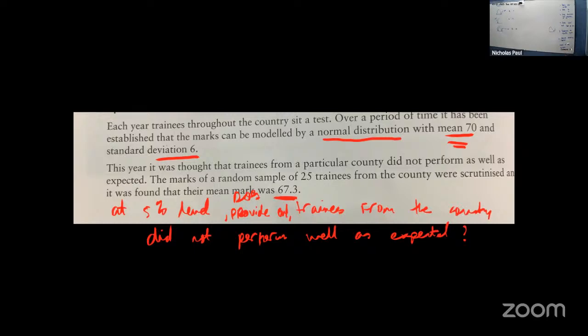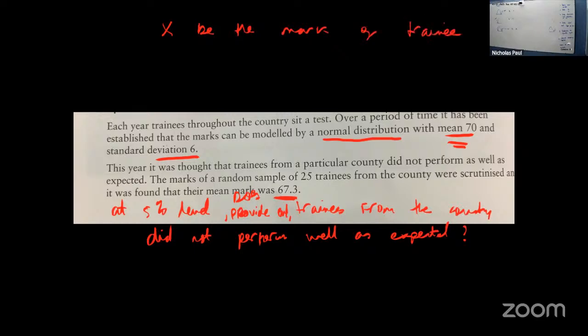Step number 1. If you get lost anywhere, stop me. So please pay attention. What is X? We have to define the variable. If you look at it here, the variable is basically the mark of the trainee, right?